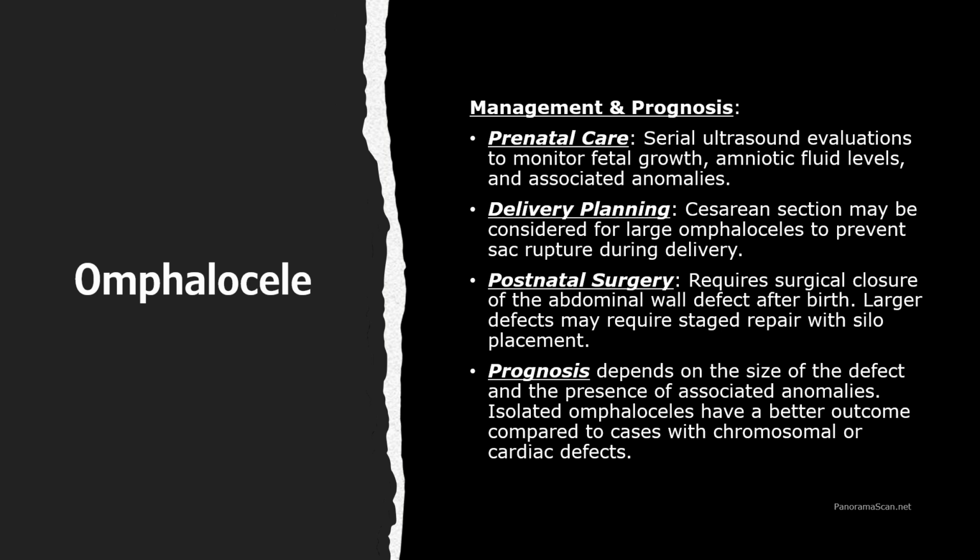Prognosis varies significantly. Isolated omphalocele tend to have a better outcome, but cases with associated anomalies such as chromosomal defects or cardiac abnormalities may face more challenges. So accurate prenatal assessment and timely surgical intervention are key to optimizing outcomes.